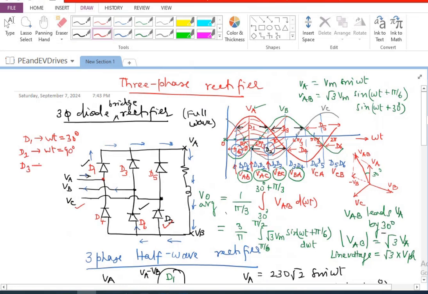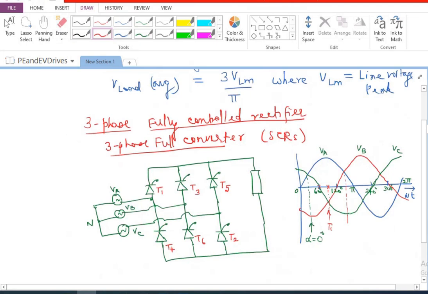D3 will start at omega t equal to 150 degrees and so on. So everything is going to start staggered by 60 degrees. The same thing holds good here also. So I should fire T2 here, and I should be firing T3 here, and I should be firing T4, and T5 will be fired at this point, and T6 will be fired at this point.